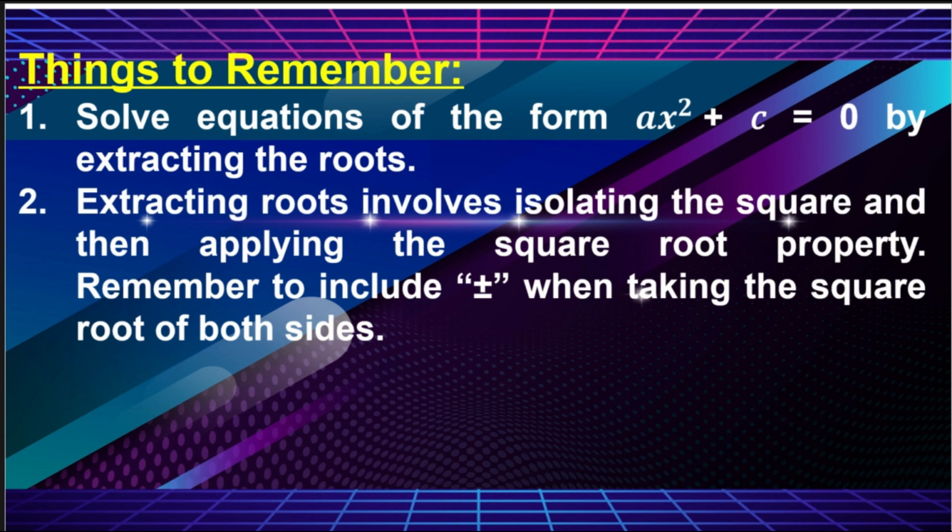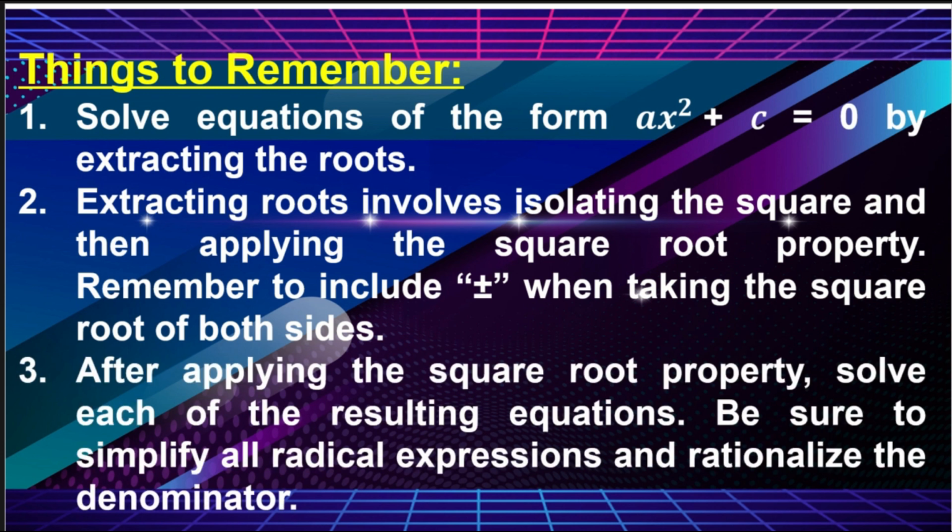Extracting roots involves isolating the square and then applying the square root property. Remember to include positive and negative when taking the square root of both sides. So don't forget positive and negative if you are going to get the square root of that certain number. After applying the square root property, solve each of the resulting equations.